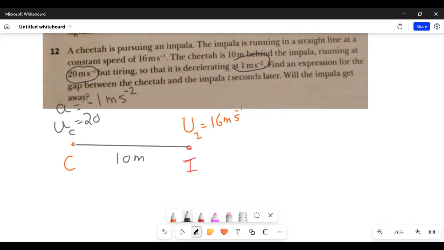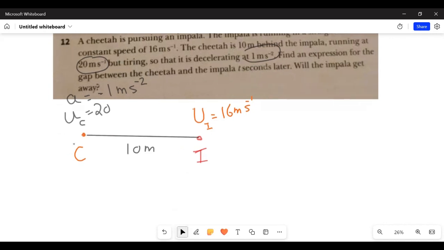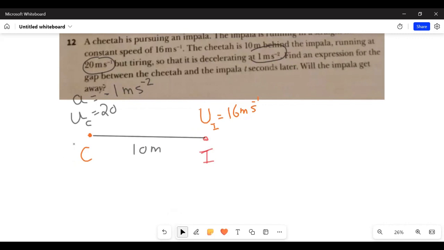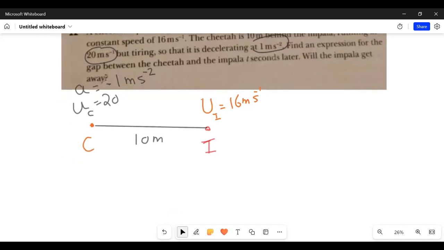Find an expression for the gap between the cheetah and the impala t seconds later. Will the impala get away? So you have to find an expression for the gap. The initial gap is 10, but eventually when they're moving forward, this gap keeps changing. So let me make another chart.